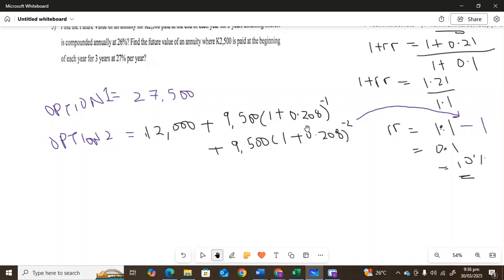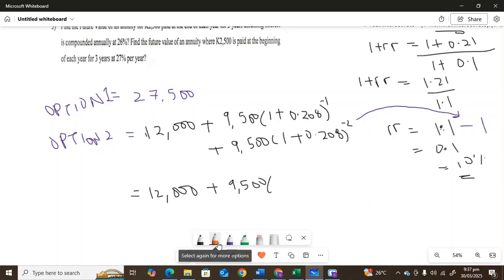Are we getting 0.827? So here we write 12,000 plus. First, we're starting with the power negative 1. I'm getting 0.827. Okay. You can just leave it in 3 decimal places or even 2.